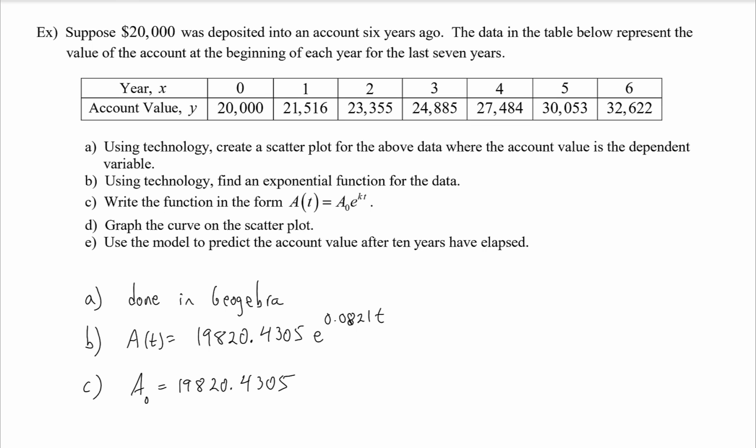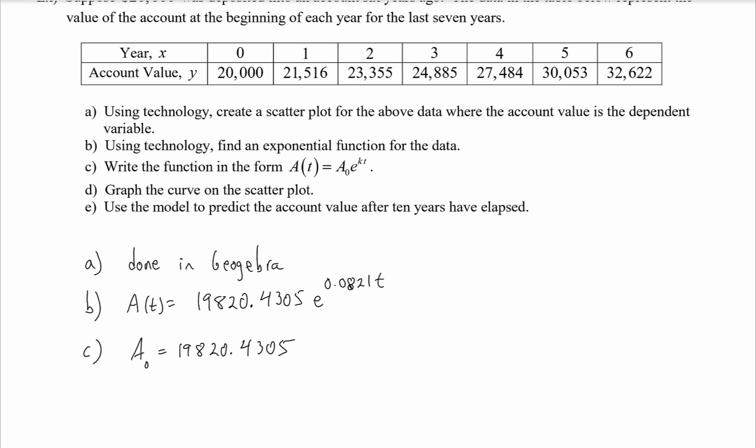So again, this isn't perfect. It's not a perfect solution for modeling this data. There's other ways to model the data that you can make arguments for a little bit better. Just one option we have. And k, our growth rate here, is 0.0821.